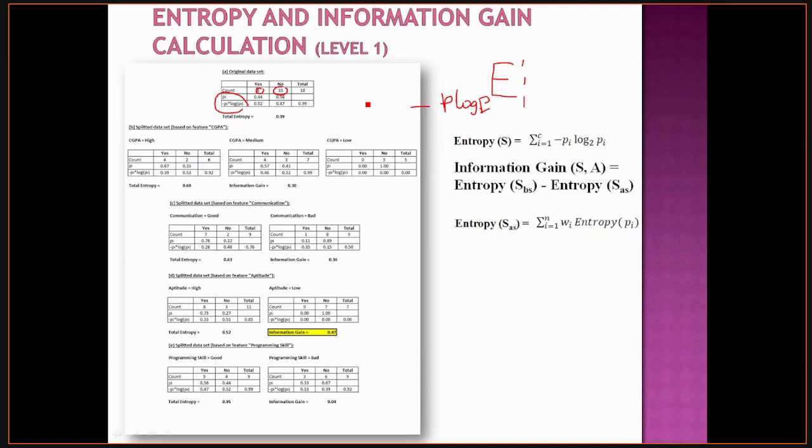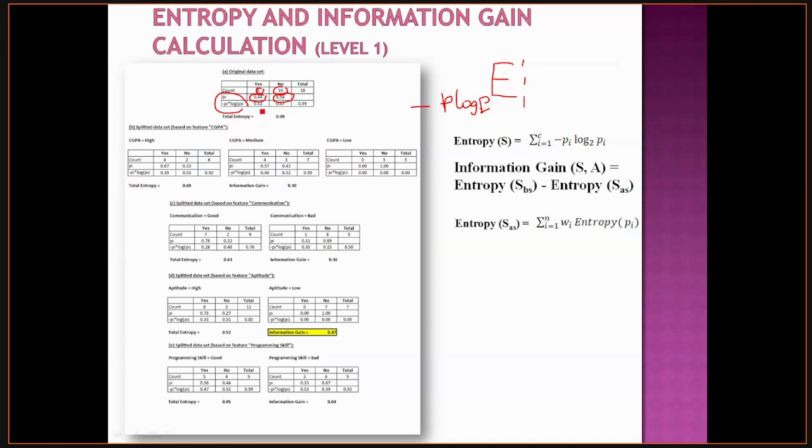Now, how do I calculate the P? For yes, it is 8 divided by 18, which comes to 0.44. In the same way for no, the value of P will be 10 divided by 18, which is 0.56. Now we calculate the P log P: minus 0.44 into log of 0.44, and minus 0.56 into log of 0.56.